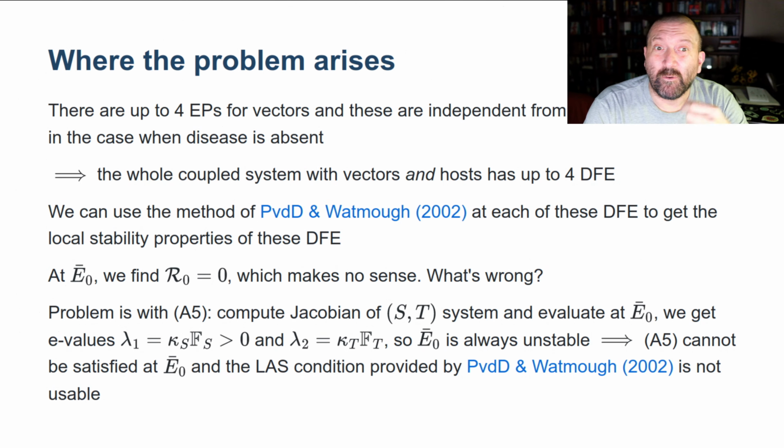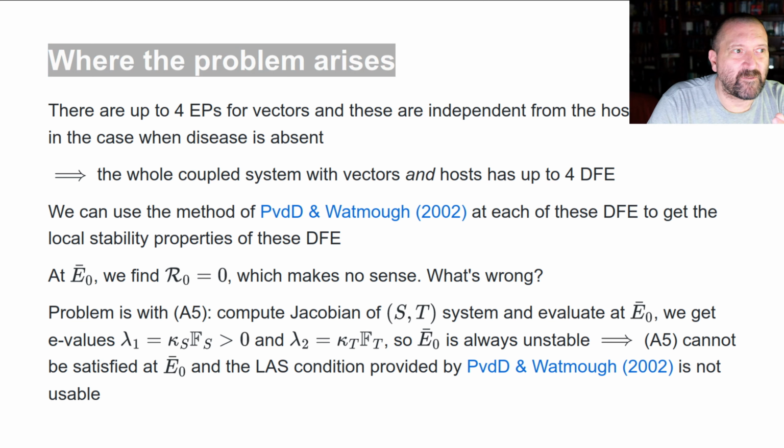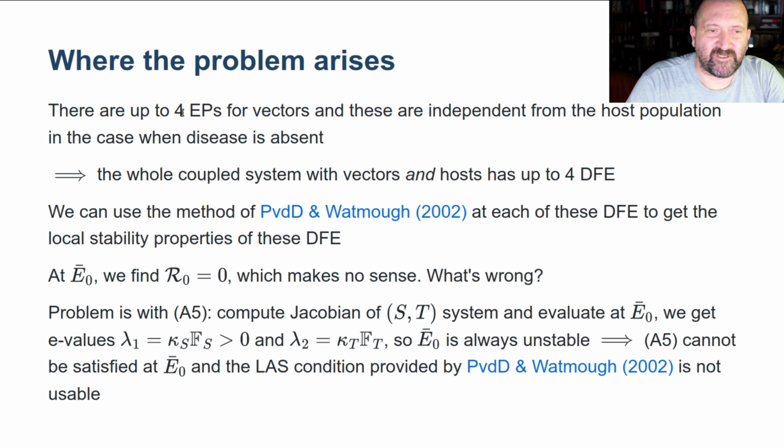So when I'm looking for the disease-free equilibrium, I end up with the same problem essentially, okay? Because this is I equals 0. So that means the system has up to 4 disease-free equilibria. Okay, because each of those corresponds to a situation where I equals 0, so they can all coexist.